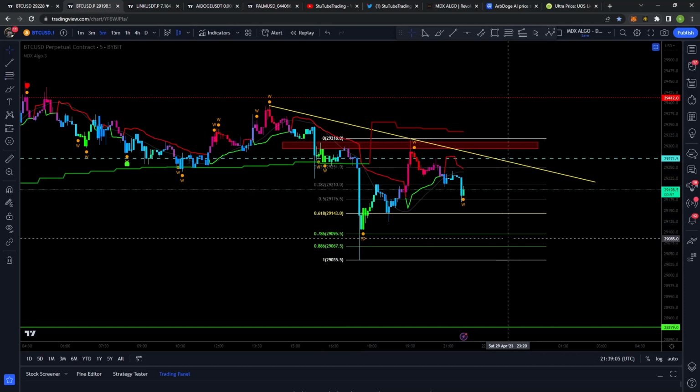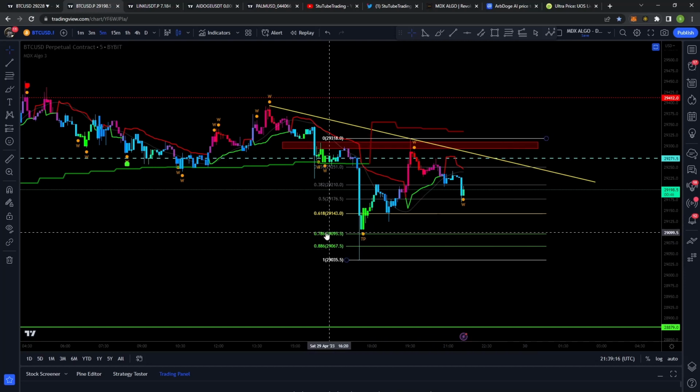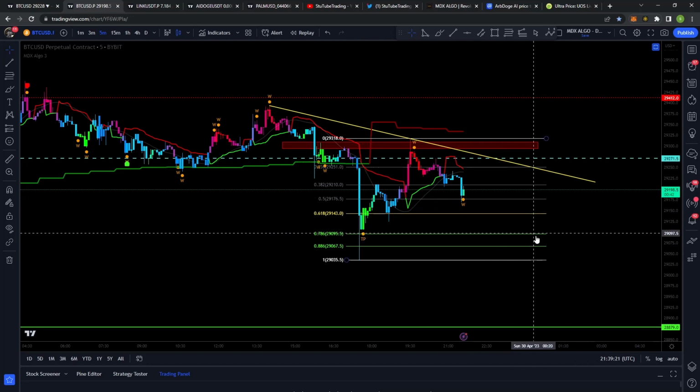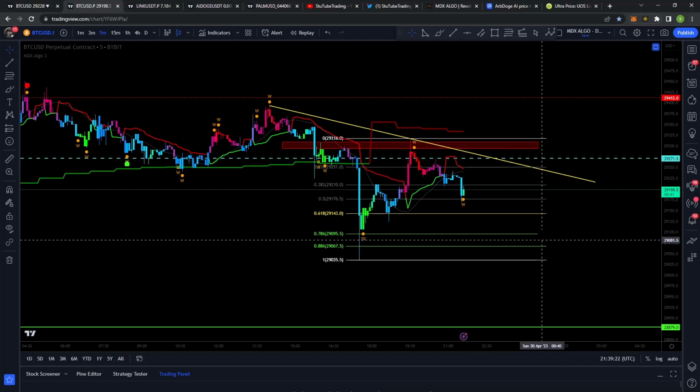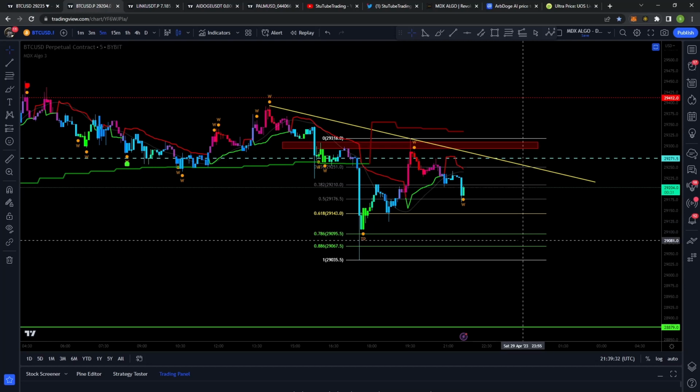I am going to set a take profit basically smack dab in the middle between the 786 and the 886, because again, it is just a scalp, and quite often those fibs do get respected. So I'm just going to set my take profit in there on the full position. You guys know I don't like being in a short for very long anyways. What is that? 29. Oh. Let's go 8-2.